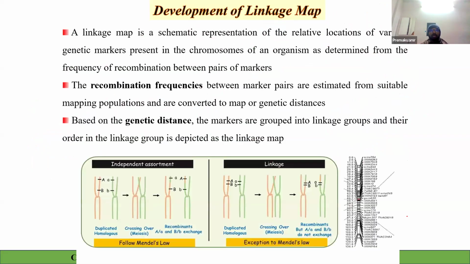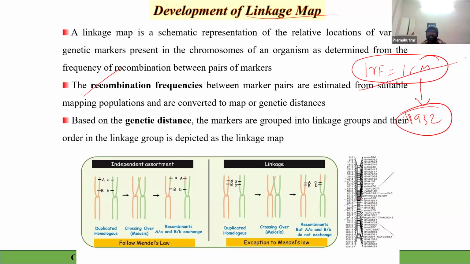Then, how can we construct the linkage map? We discussed in detail that it is based on recombination frequencies. 1% recombination frequency is equal to 1 centimorgan. It started in 1932, when he identified it.